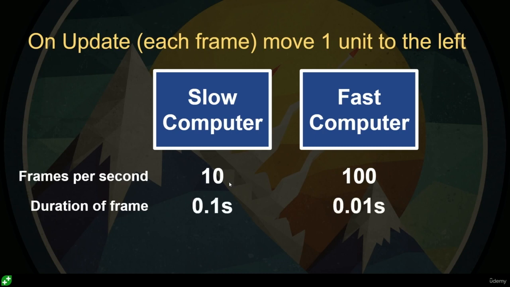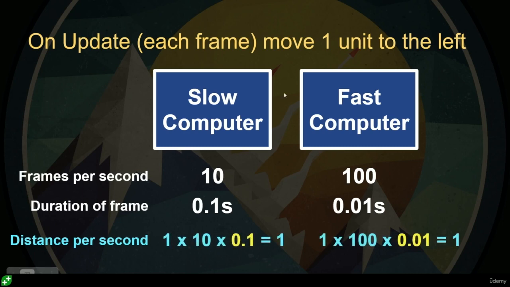But looking at my example here, if we have 10 frames per second, that means each frame is 0.1 second, yes? 0.1, 0.1, 0.1. If you do that 10 times, it reaches 1 second. On a fast computer, if we've got 100 frames, then each frame is lasting 0.01 of a second, because 100 of the 0.01s is going to add up to 1 second.